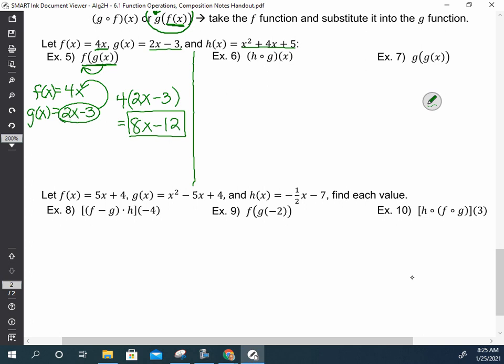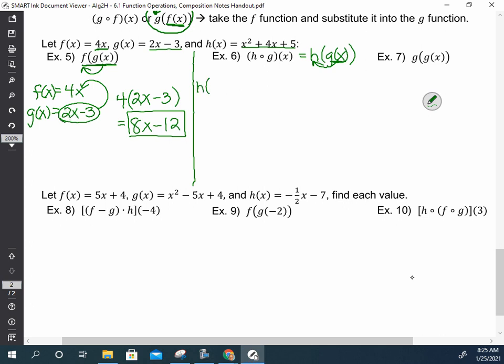All right, example 6. H of g of x. This is the same notation written this way. You're going to take the g function and plug it in for h.